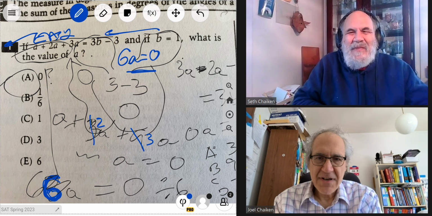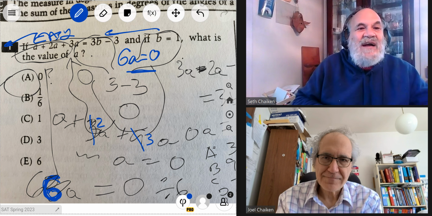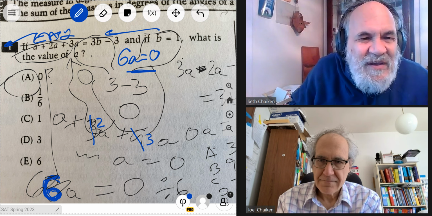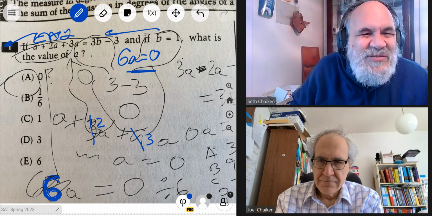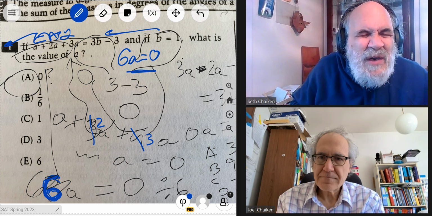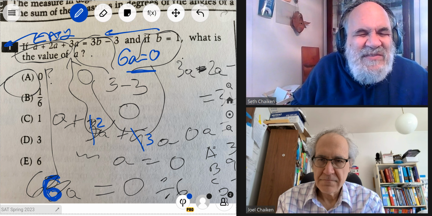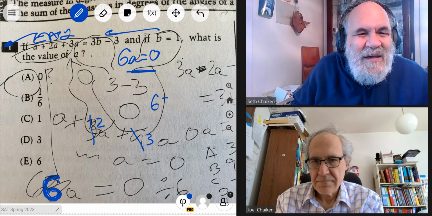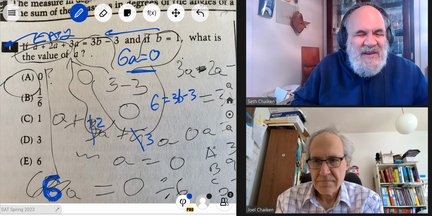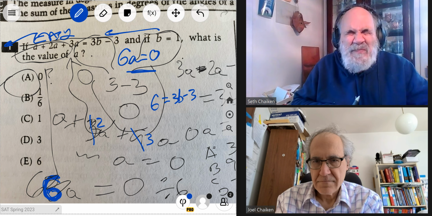Okay, so that's it for that one. I wonder if one of the distractors is mixing up A's and B's. So if you say let's just try that, 6 equals 3b minus 3. In order for that to be 6, B has to be 3, and the 3 is a distractor.